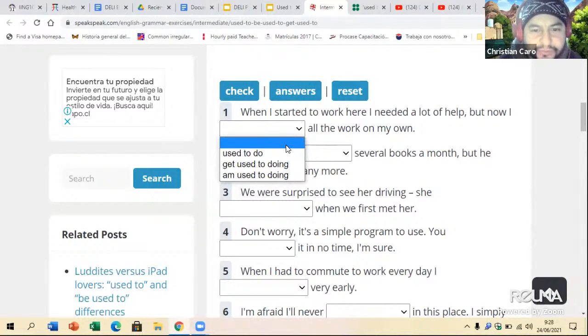Tomás dice I'm used to. It's pretty much like in the present, you know, like cuando empecé a trabajar aquí necesitaba ayuda, pero ahora, así como, now, all the work on my own.